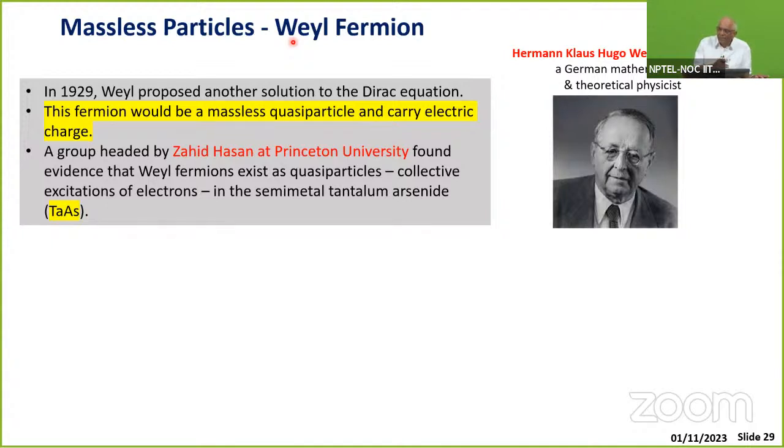This was only a theoretical prediction, but then almost 50 years later, Professor Hassan at Princeton University found that the Weyl fermions do exist in a very exotic material, a semi-metal called tantalum arsenide. So with the discovery of materials, some of the physics which was thought of theoretically is now a reality. So now you have an equivalent Weyl fermion.